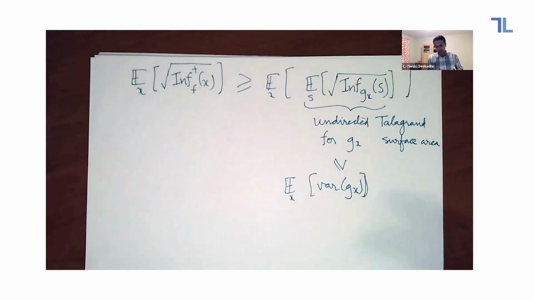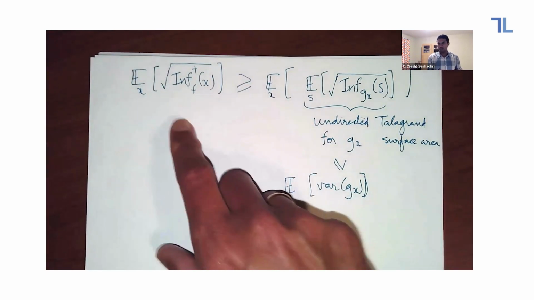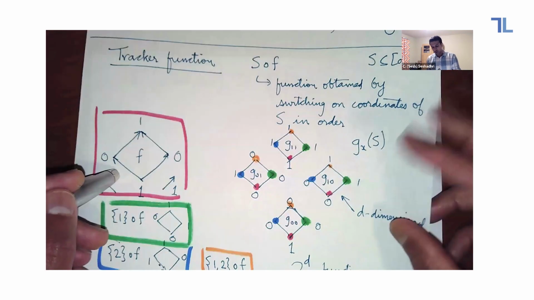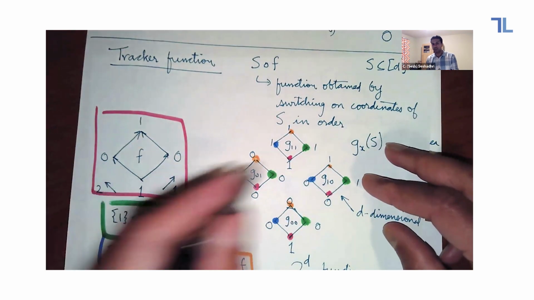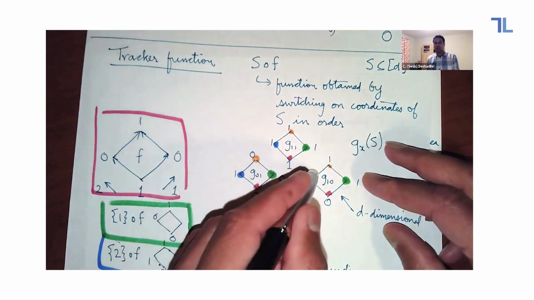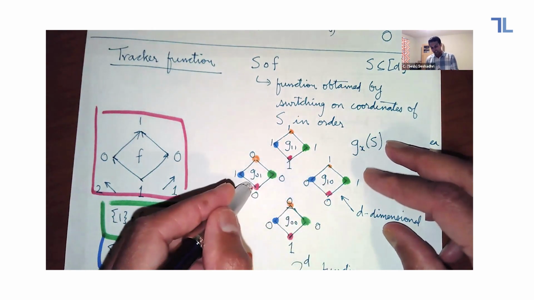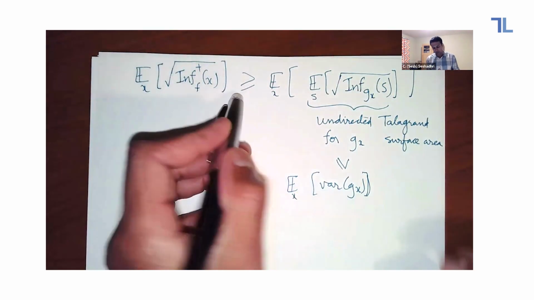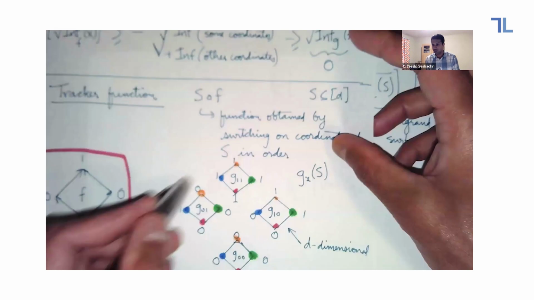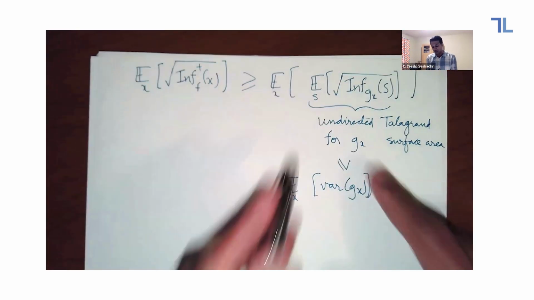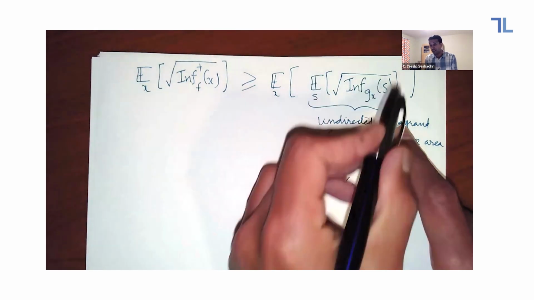I'm looking at the directed Talagrand objective of the original function, which I'm going to relate to the undirected Talagrand objectives of these four functions. The expectation of the square root of the directed influence is at least the expectation over x, of the directed Talagrand objective computed for each of these functions.